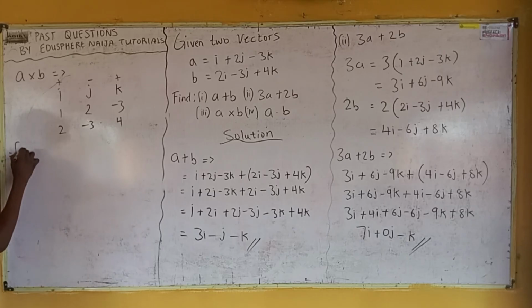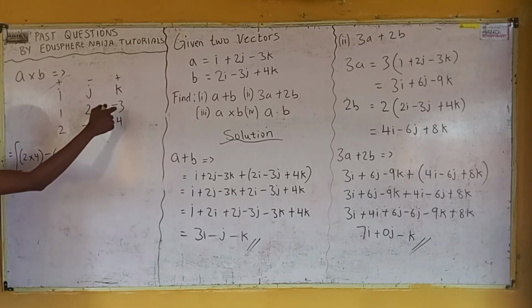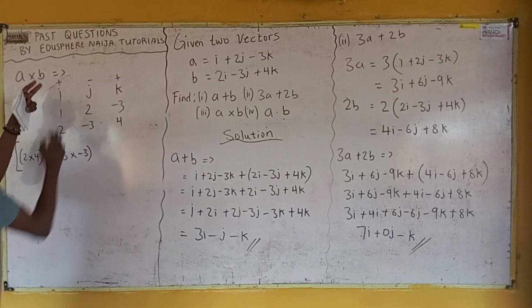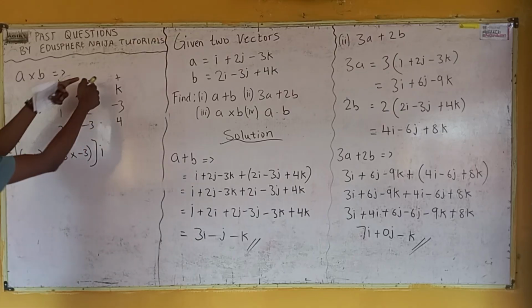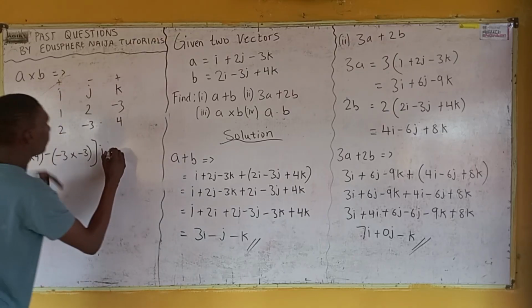So we have, put your brackets, 2 times 4, minus open bracket minus 3 times minus 3. That's for the i. Then the next one, put your minus sign.